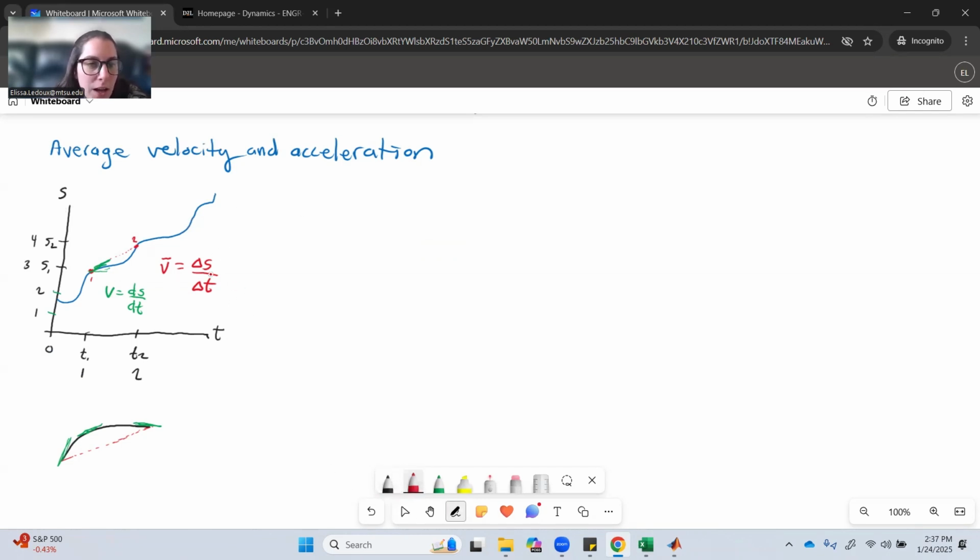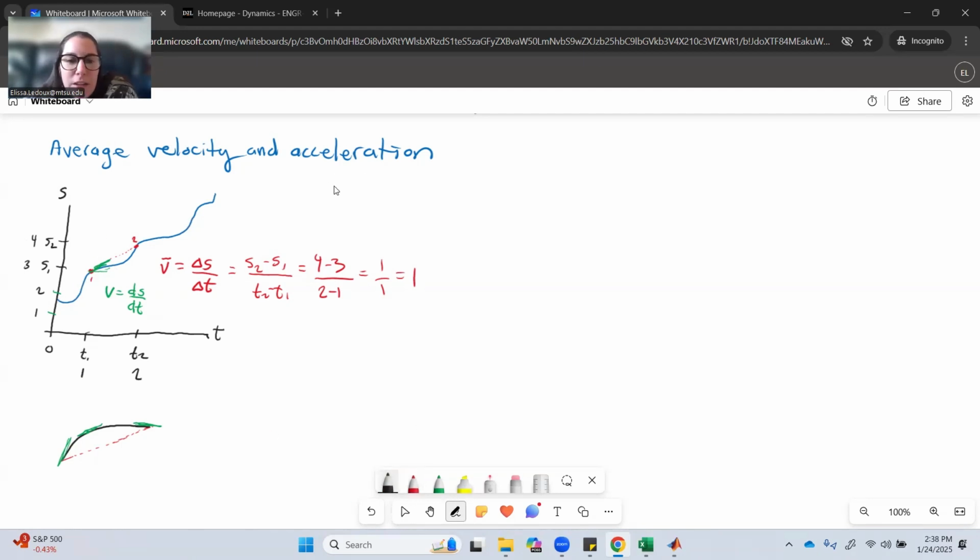The actual average velocity here from the interval T equals 1 to T equals 2 is going to be S2 minus S1 over T2 minus T1. So we have 4 minus 3 over 2 minus 1, 1 over 1 equals 1, which is not necessarily going to be the slope, the instantaneous velocity.